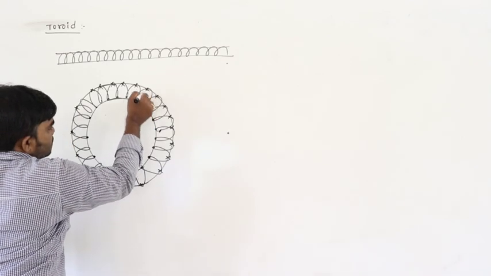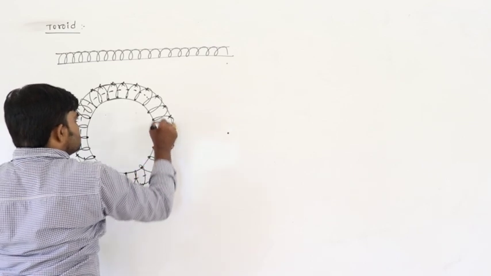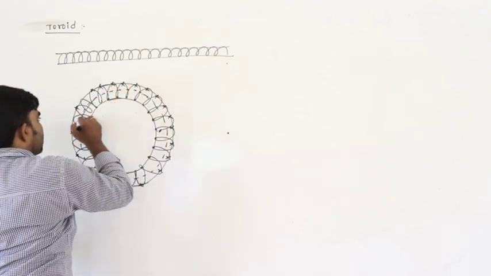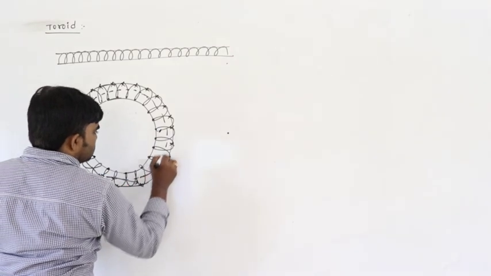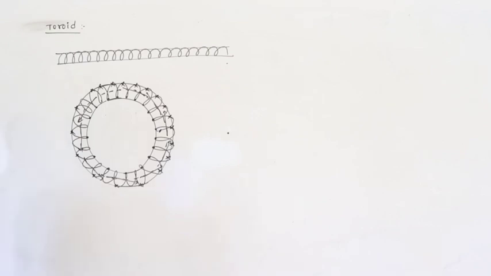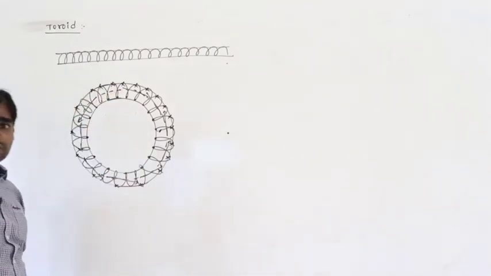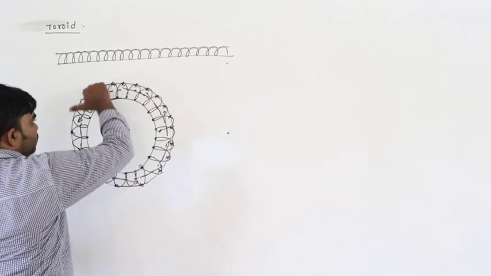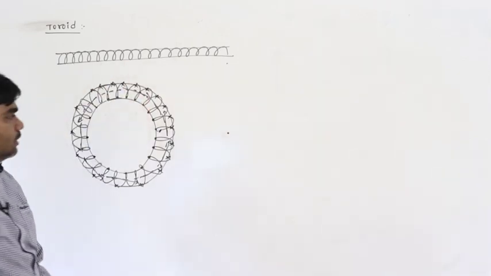So the direction of the magnetic field exists like this. At any point the tangent gives the direction of the magnetic field, because here the magnetic field also exists in the form of a circular path.